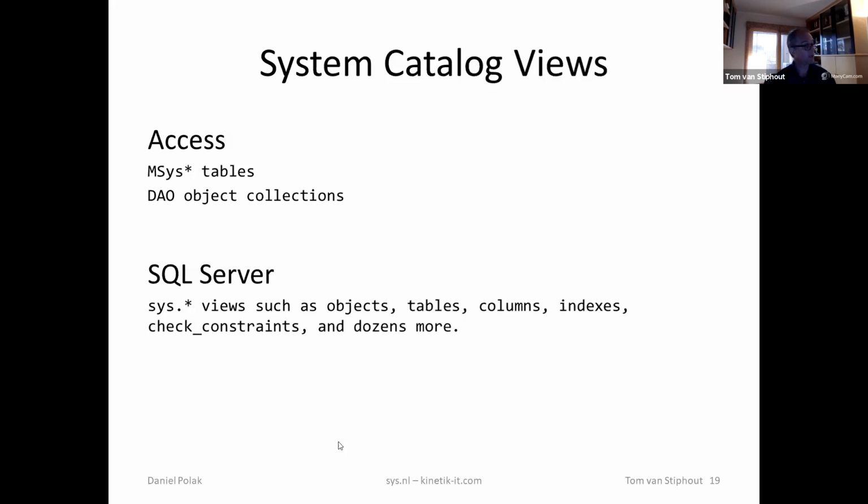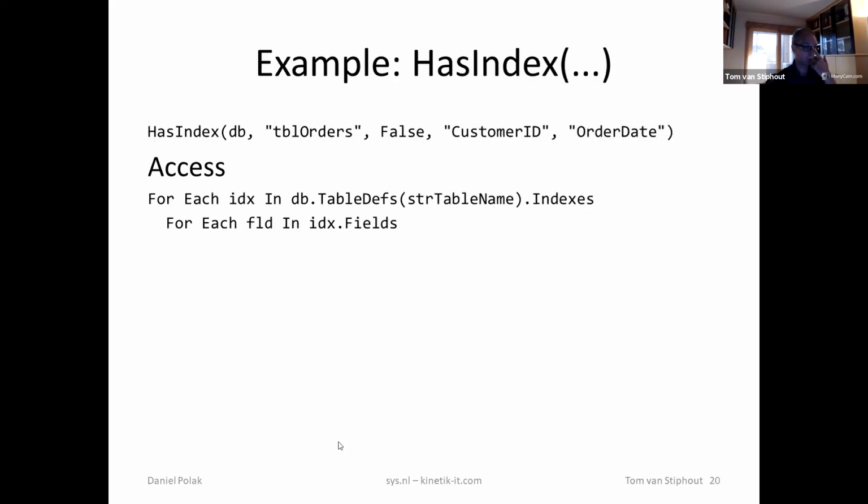But you have to know that they're there and how to find essentially equivalent information, or even more powerful information, using this new backend. Here's an example. If we call has index to test whether or not a table has a particular index, in this case we want a duplicate index on customer ID plus order date, we do things like for each index in this table's indexes collection, for each field in that index, let's see if it's the customer ID and the order date.